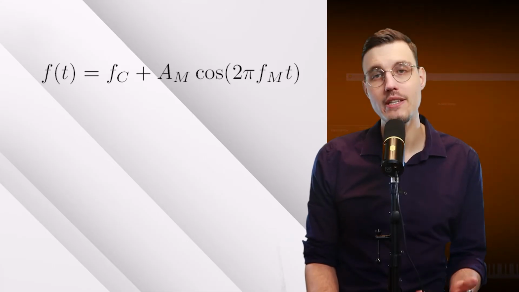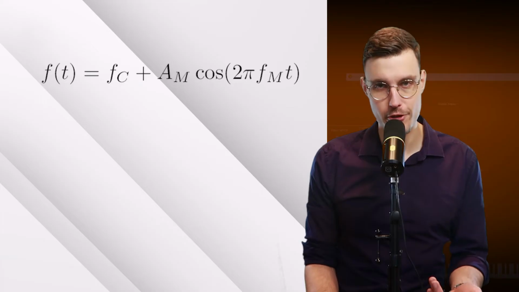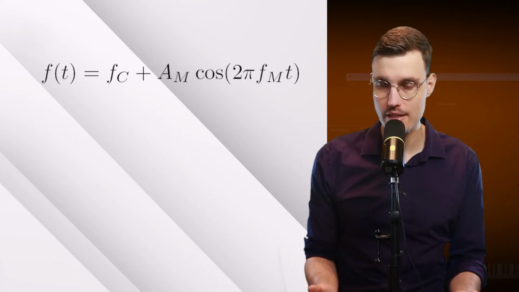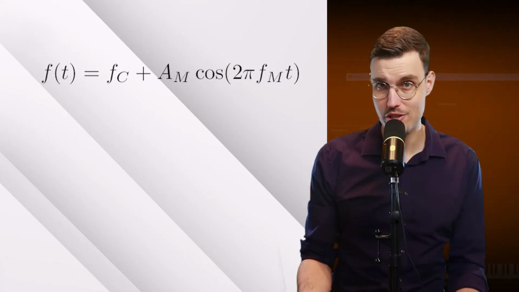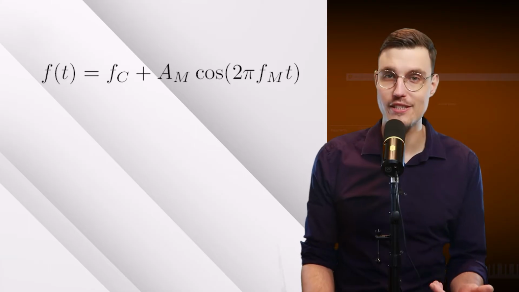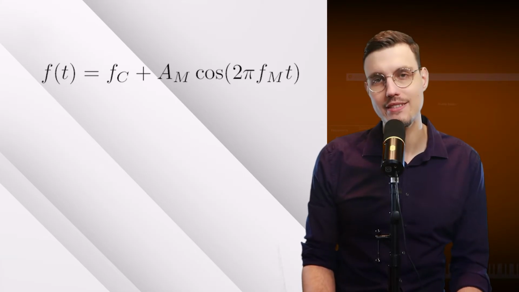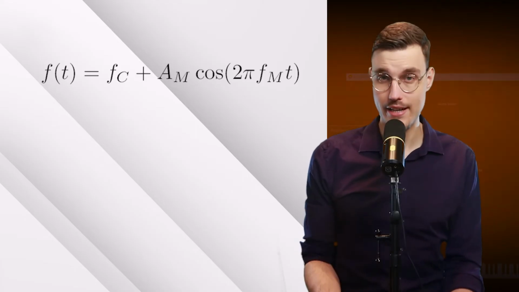Here, fc is the frequency of the carrier in Hertz, the carrier frequency. Am is the amplitude of the modulator, which is unitless. Cos is the cosine function. Fm is the frequency of the modulator in Hertz, the modulation frequency, and t is time in seconds.